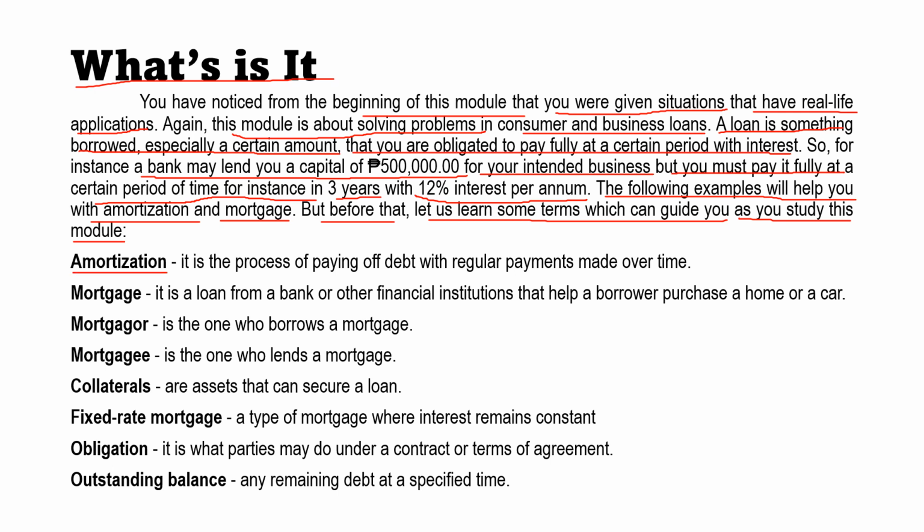When I say amortization, it is the process of paying off debt with regular payments made over time. In business, we can say that amortization refers to spreading payments over multiple periods. Because if we don't have enough money to pay for our purchase in a straight payment, then we need to deal with amortization.